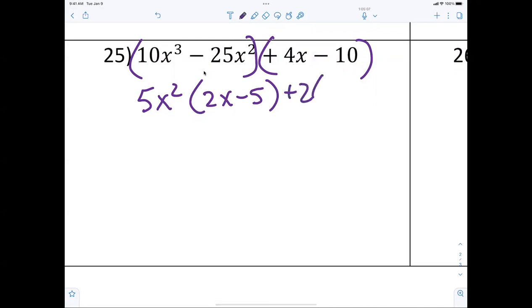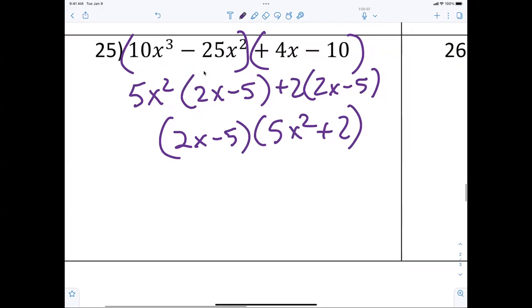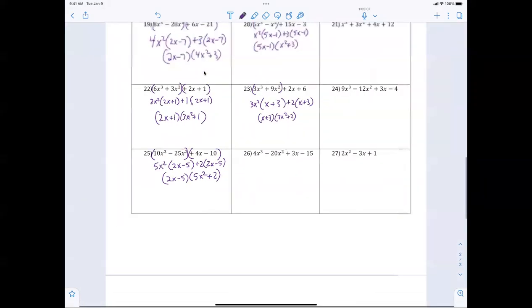Remember, I want you to say positive 2. What's left behind? 2x minus 5. Now it's 2x minus 5 and then 5x squared plus 2. Yes. Pretty happy with that. Anybody have any trouble with that?